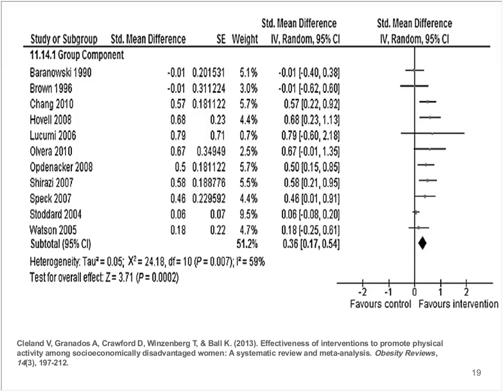So we can see in this particular meta-analysis that we have a number of studies, approximately half of them touch that line of no effect, which generally then illustrate that the intervention was not effective in comparison to the control group. It was not effective in promoting physical activity among socioeconomically disadvantaged women.